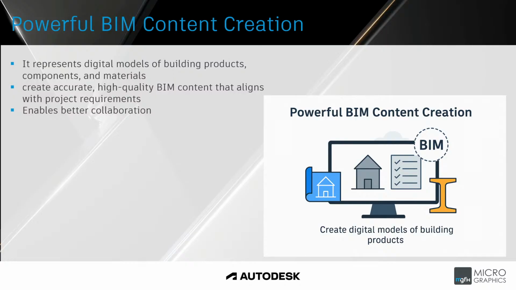It represents the digital models of building products, components, and even your materials, complete with detailed specifications. With Informed Design, you can create accurate, high-quality BIM content that aligns with the project requirements and industry standards. This enables better collaboration and informed decision-making, and smooth integration into the overall building design and workflow.